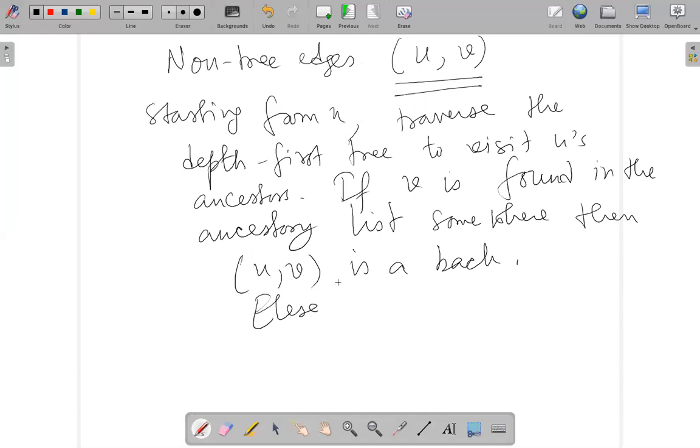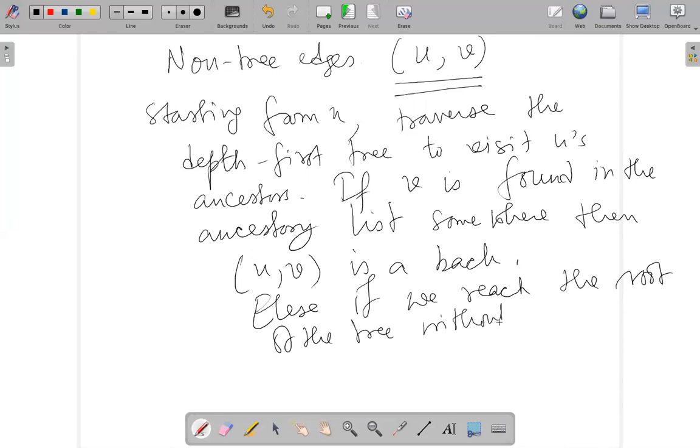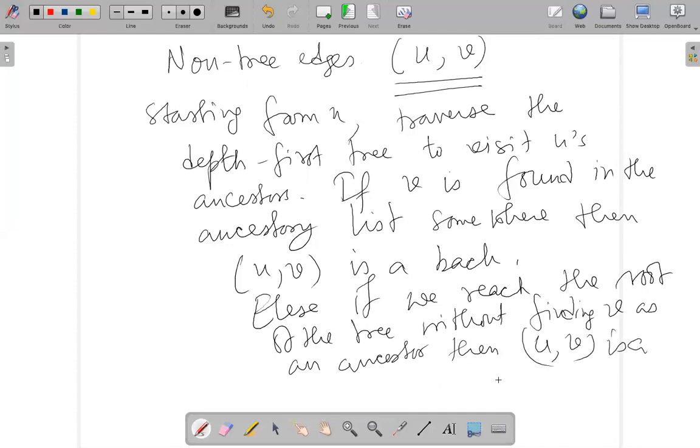Else, if we reach the root of the tree without finding V as an ancestor, then UV is a cross edge.